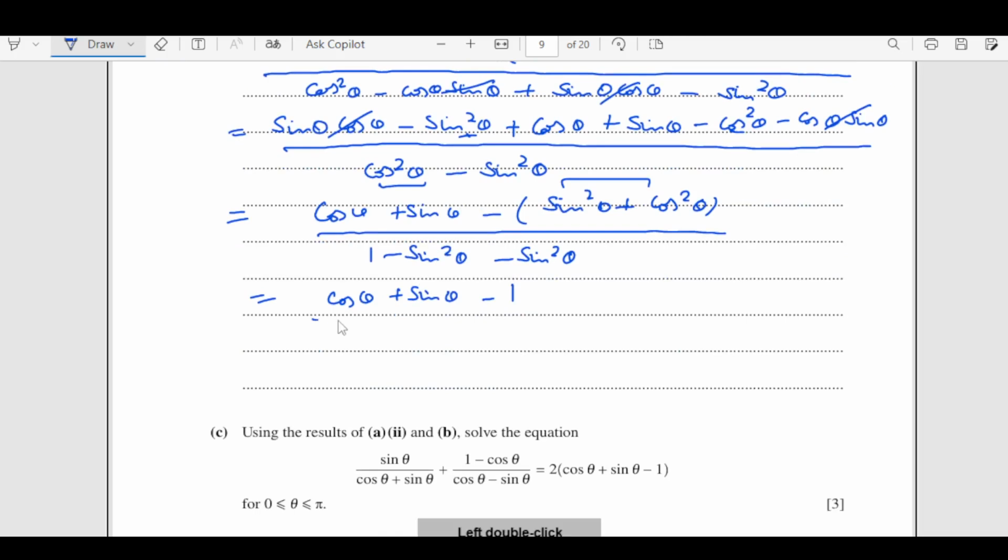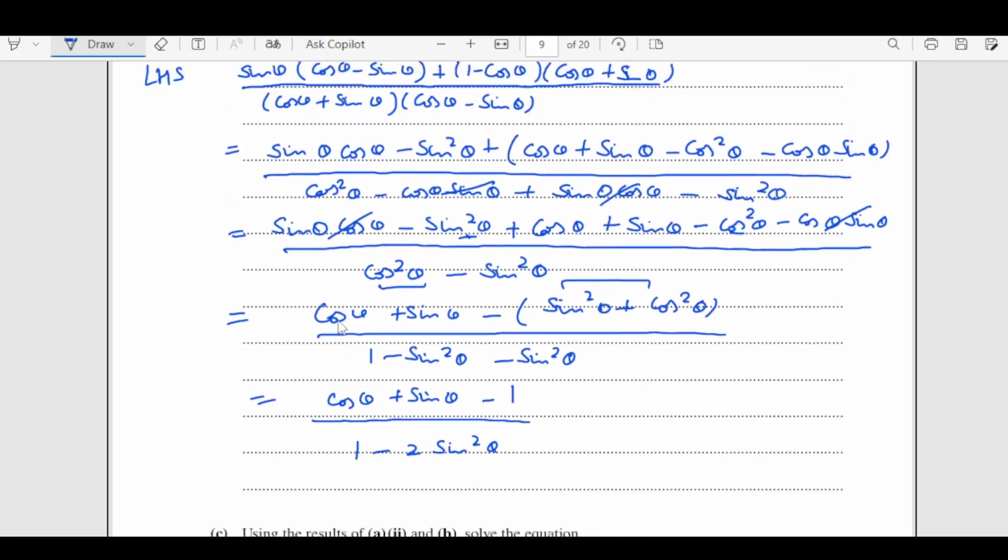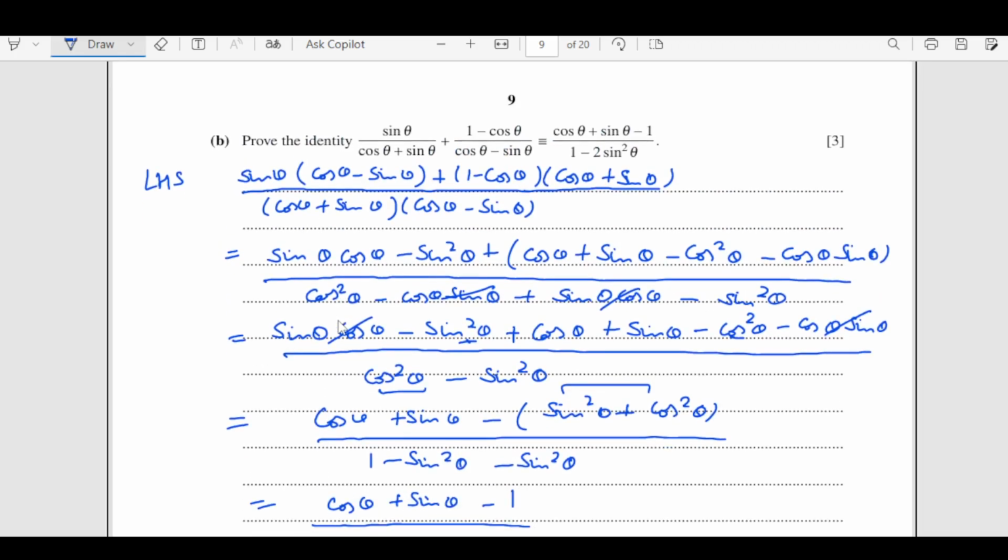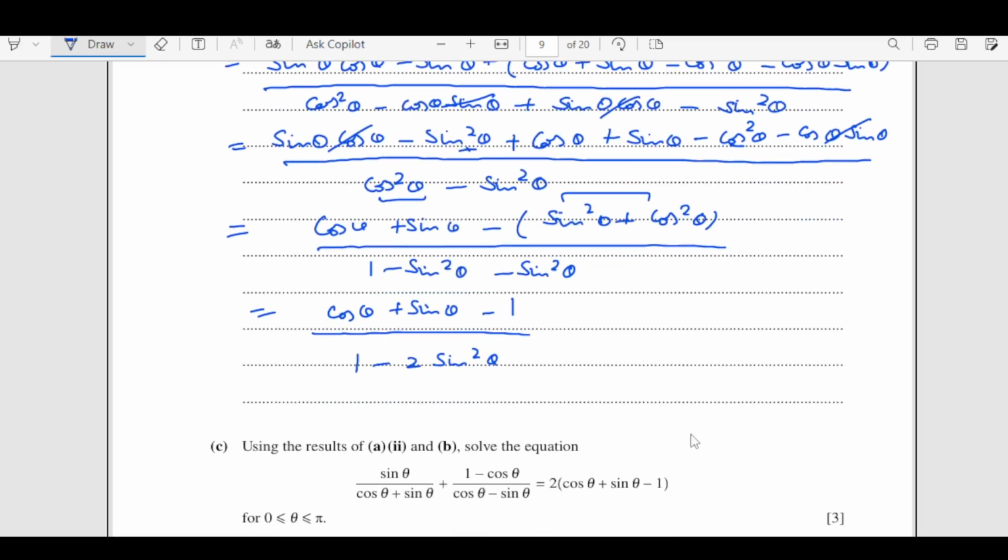So over we have 1 minus 2 sine squared theta. I think that's the answer. Yeah, this is equal to the right hand side. You see here cos theta plus sine theta minus 1. So this is equal to the right hand side.